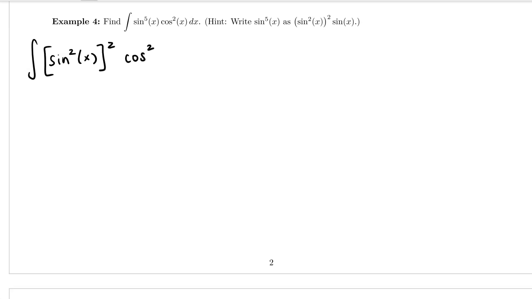I'm going to leave cosine the same, and notice that I only have 4 sines being multiplied, so I need another sine to make it 5 in total. Now what I can do is take my sine squared x and rewrite that as 1 minus cosine squared x using the Pythagorean identity.